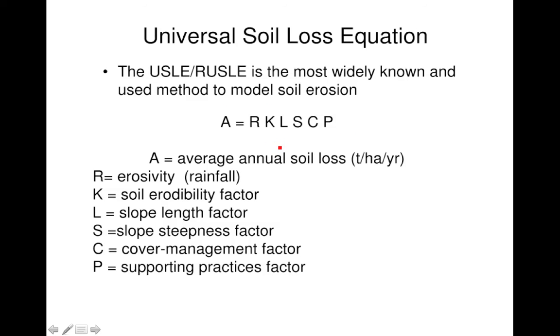There's no reason why you would necessarily multiply a bunch of numbers together like this to get an average soil loss. So you could develop your own multivariate type relationship to predict annual soil loss using all these factors based on a bunch of experiments you've conducted for your particular site.